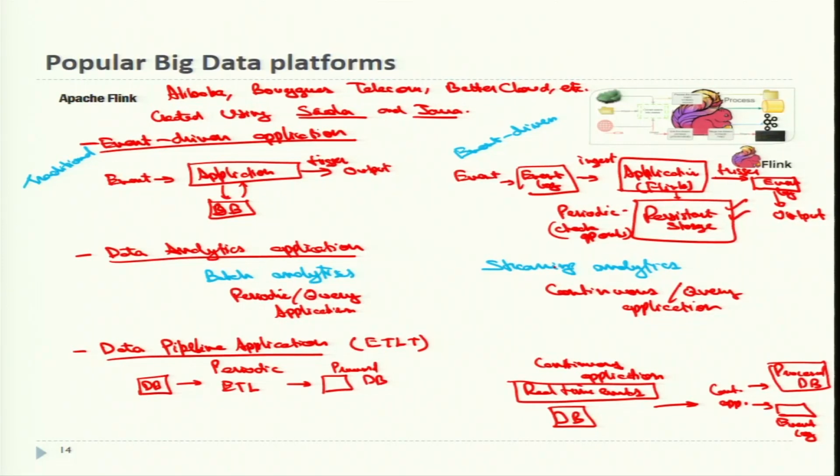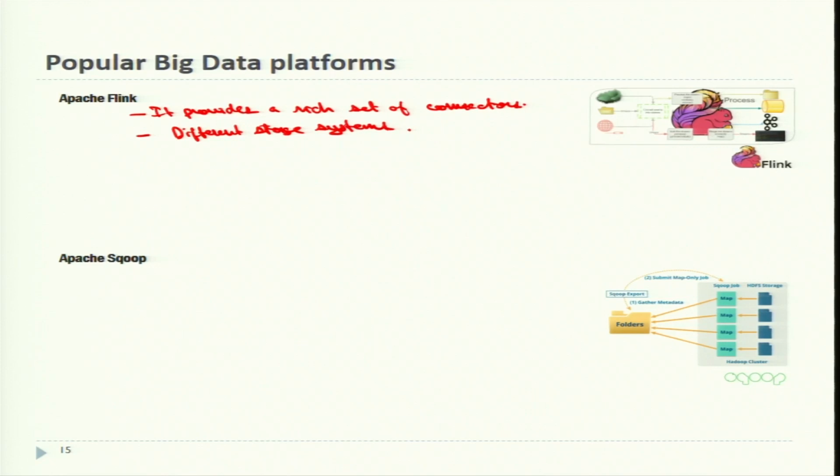So, Flink provides a rich set of connectors. Connectors to what? Different storage systems. Storage systems could be Kafka, which we discussed, Elasticsearch, which we will discuss further, and some other database systems.